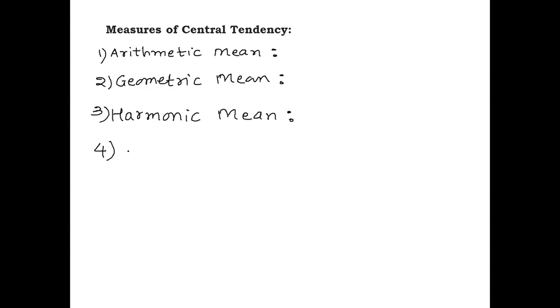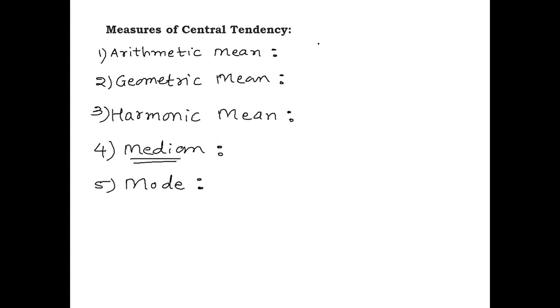Then the fourth is median. Median is the middlemost observation, and this is the only positional measure of central tendency. So these are the 5 different measures of central tendency.